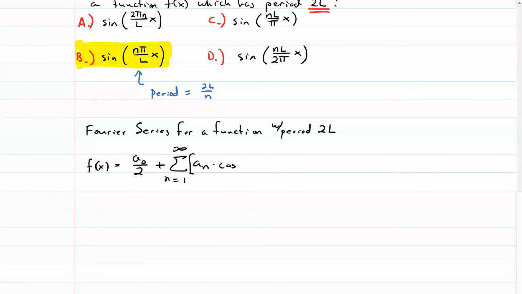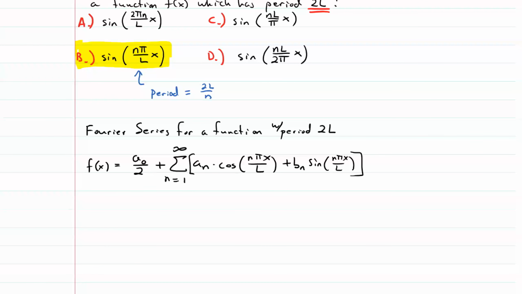And then I will have here cosine n pi x over L plus bn sine of n pi x over L. Like this.